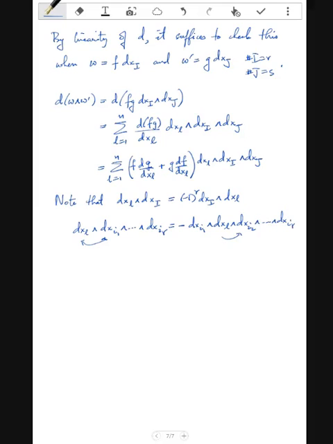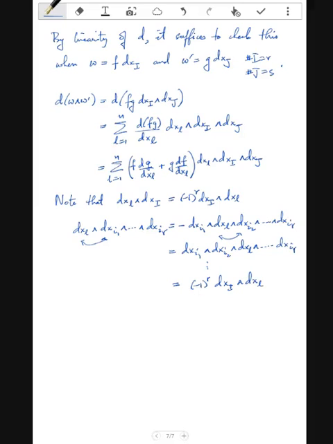Now when I switch these two, I get dx_i1 wedge dx_i2 wedge dx_l and so on, and in the end we will be left with minus 1 to the power r dx_I wedge dx_l.